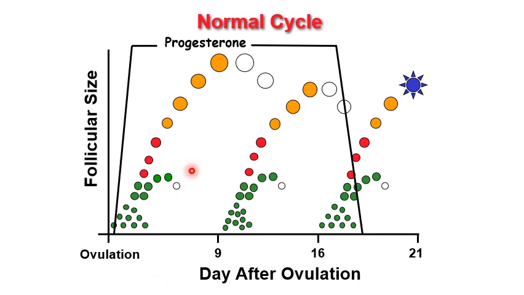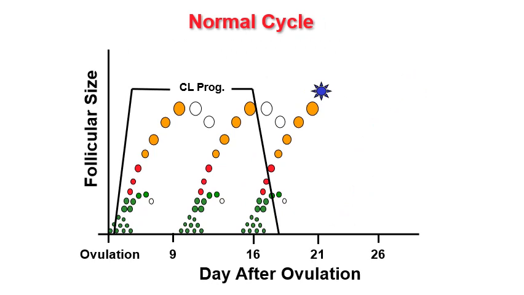So we go back now to the normal 3-wave follicular cycle of cattle. There are 3 follicular waves here. At a typical or normal estrous cycle, we have here a dominant level of P4, and after some time it will regress.